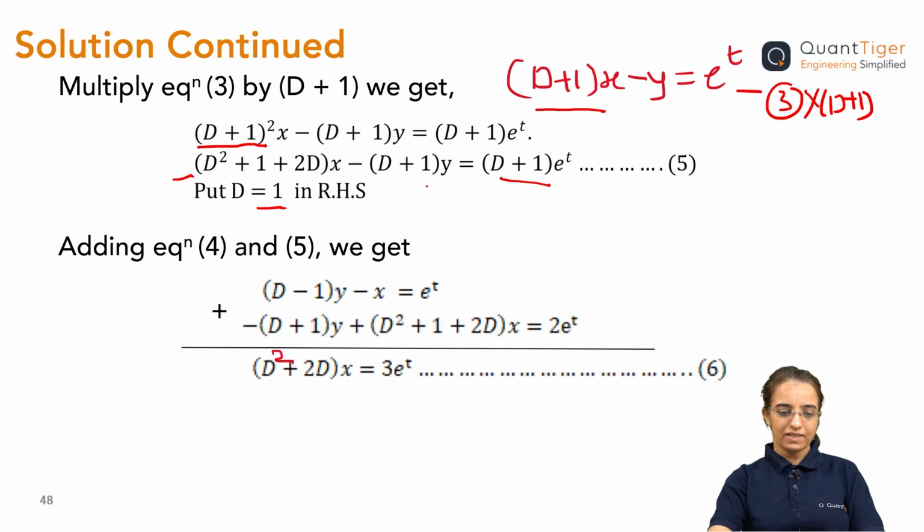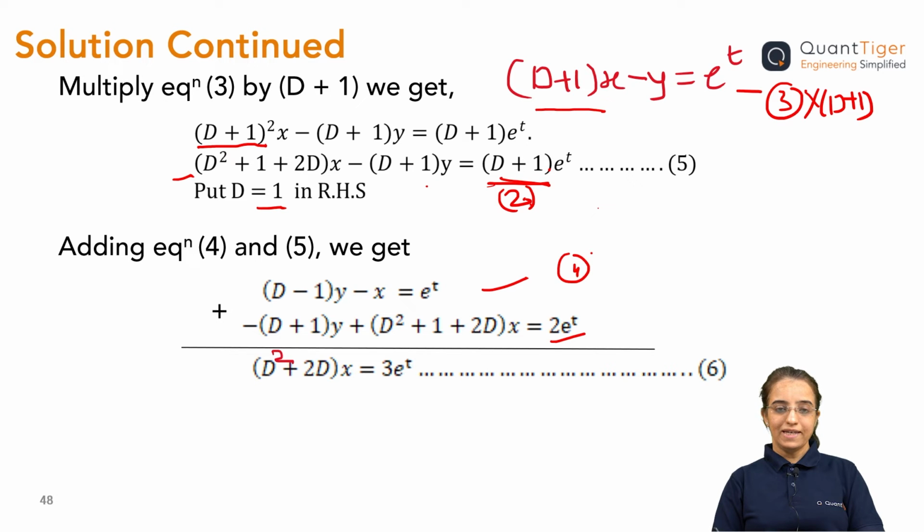This is equation 5. After doing the substitution D equal to 1 on the RHS, this will become 2 into e to the power t.